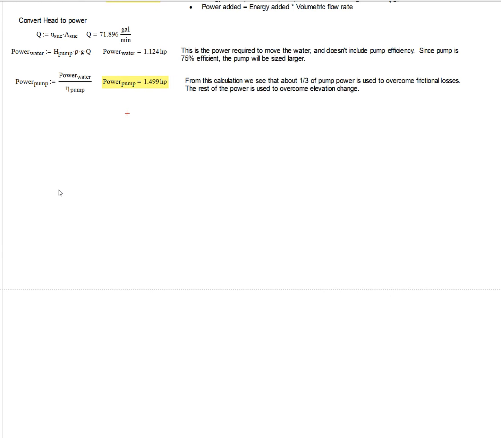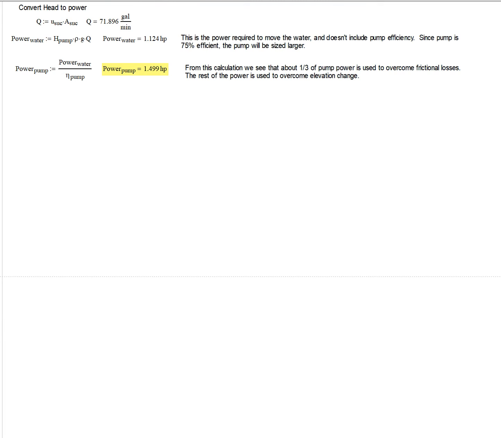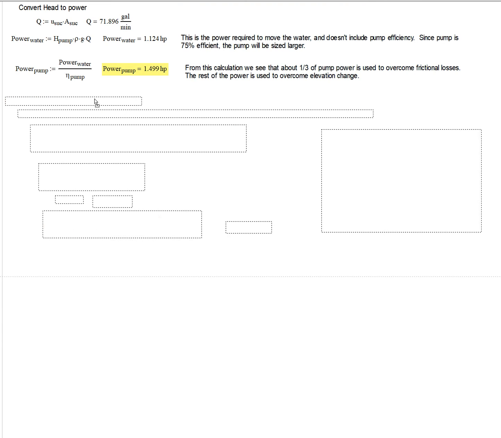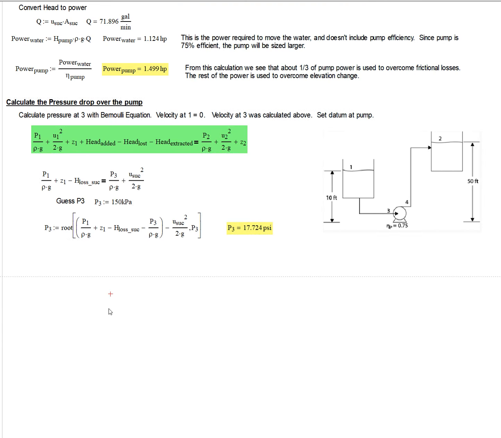Now we can calculate the pressure drop over the pump. Let me bring all this over. Calculate the pressure at position 3 and position 4.